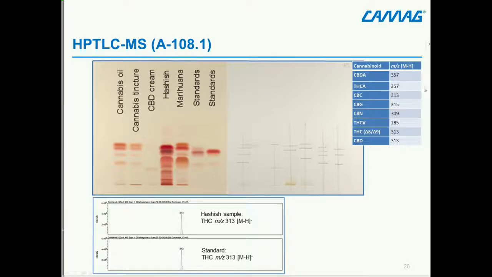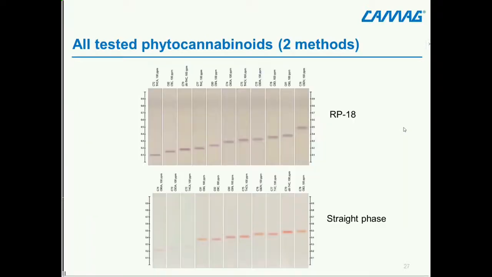So here are the different masses for structure confirmation. And here you can see the overview about all the tested cannabinoids. So in total it's 11. We have the different acids if we look here on the straight phase, CBGA, CBDA, THCA, and the decarboxylated cannabinoids without the CO2.